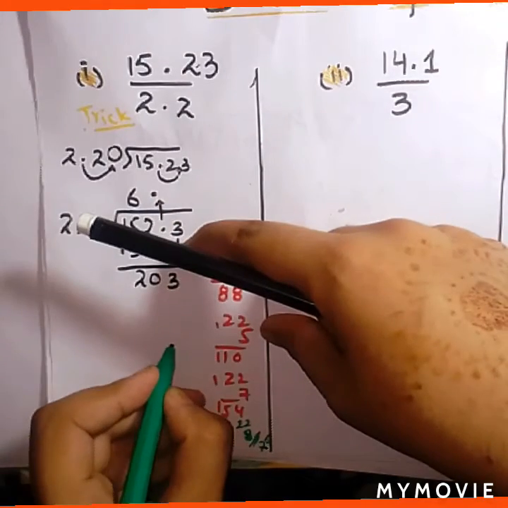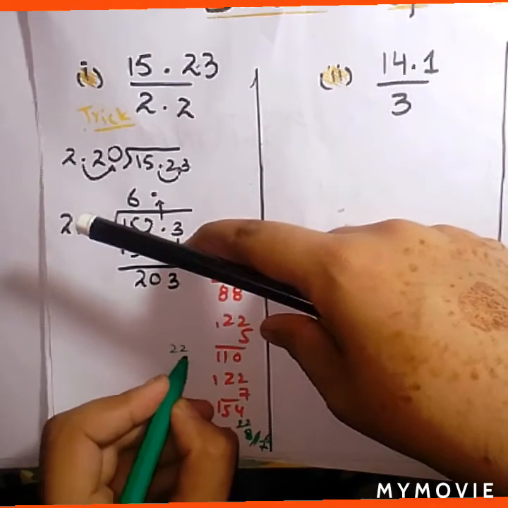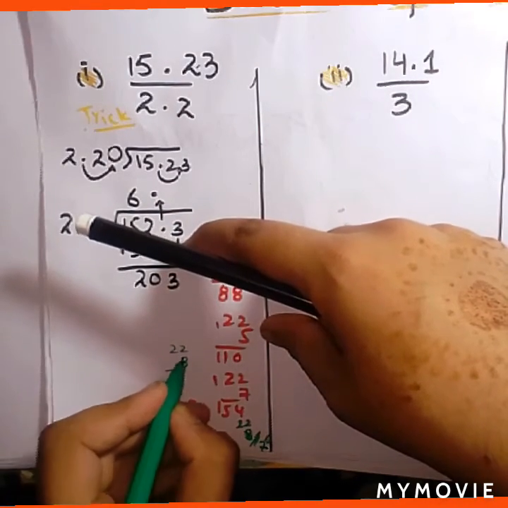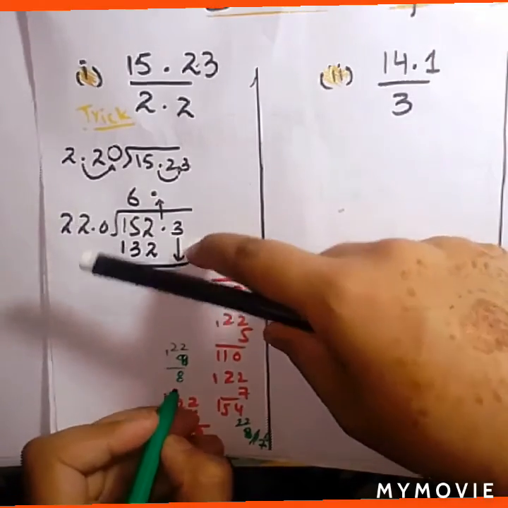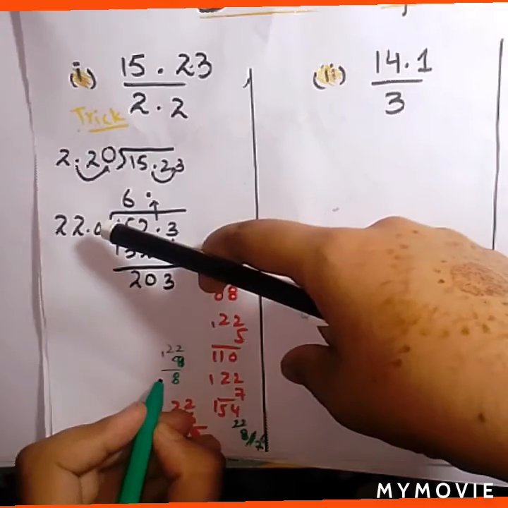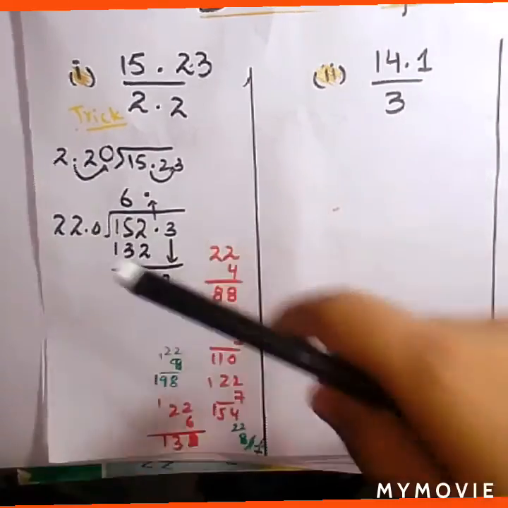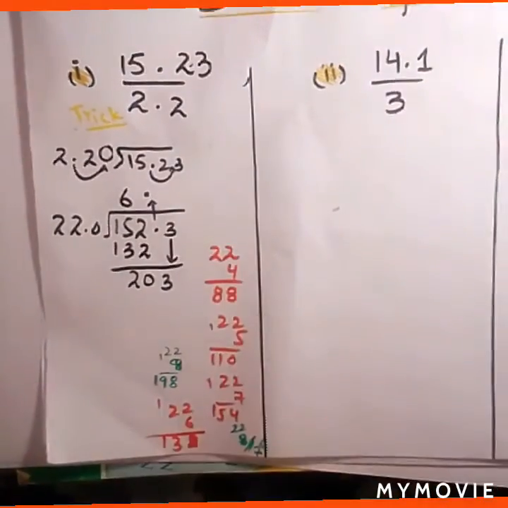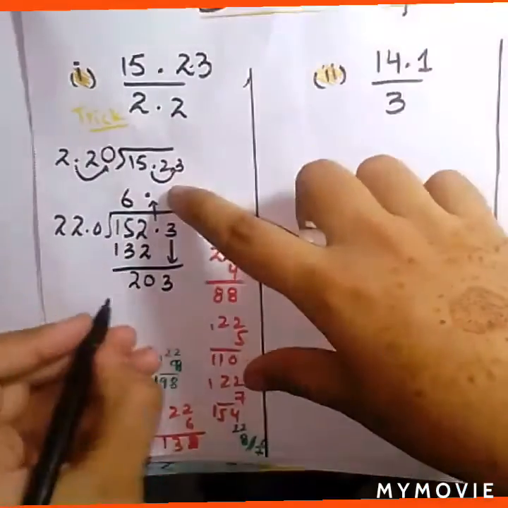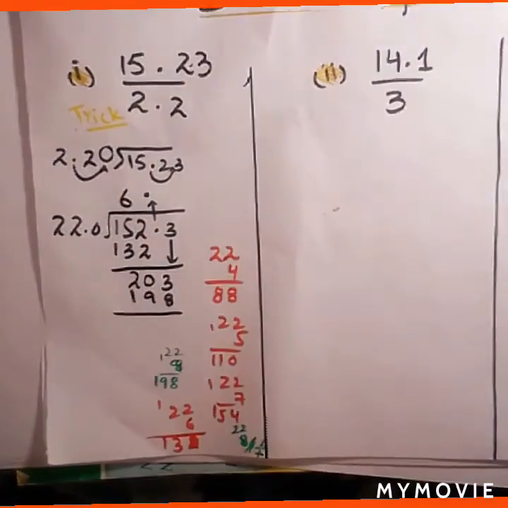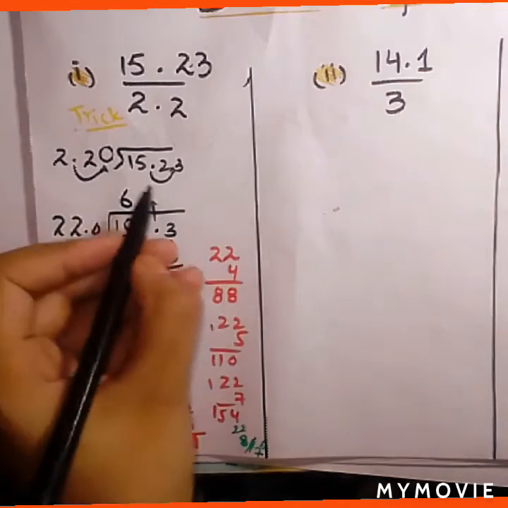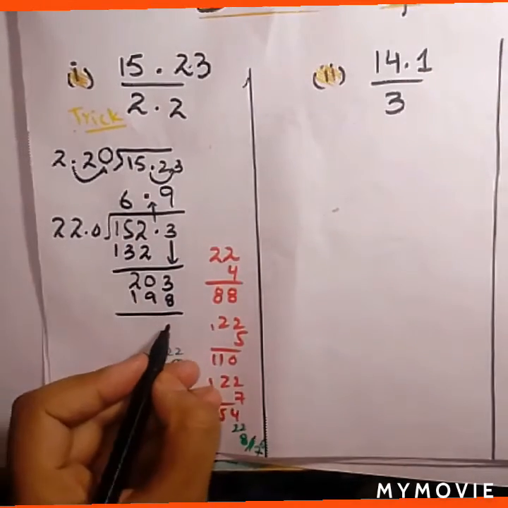We check 9: 9 twos are 18, 198. 198 is the number that we need because it is less than 203, otherwise the value goes beyond 203.